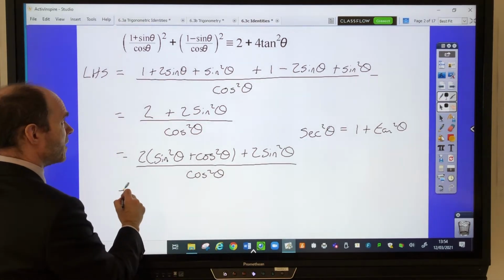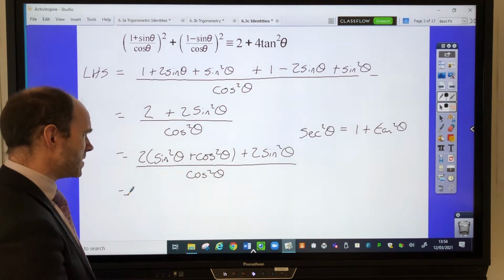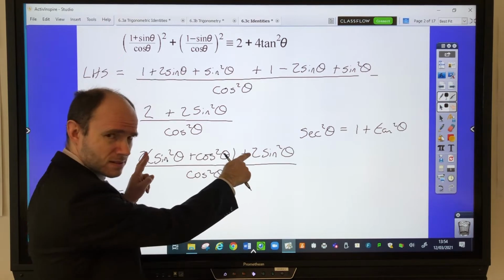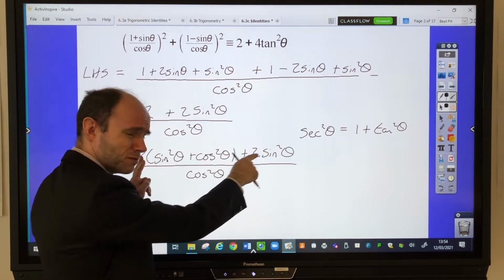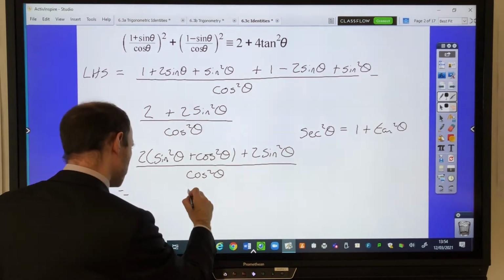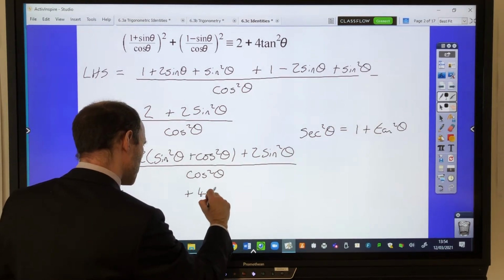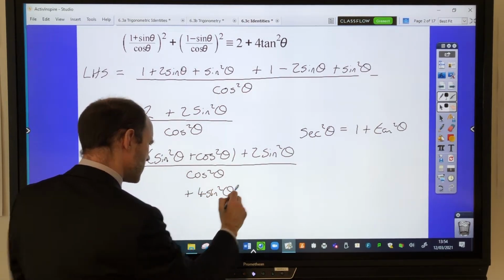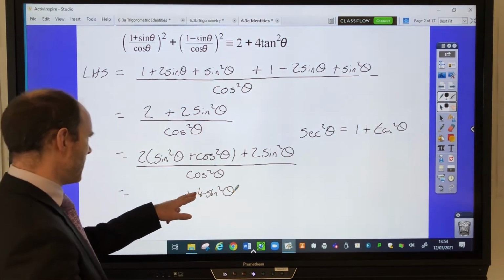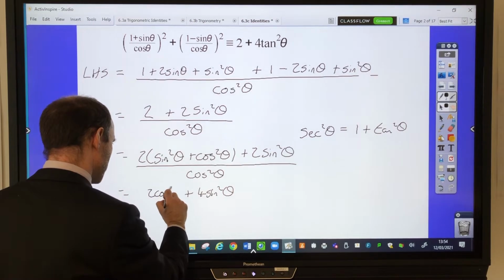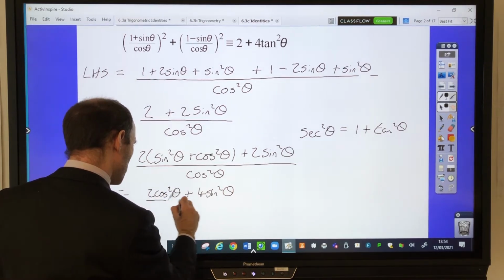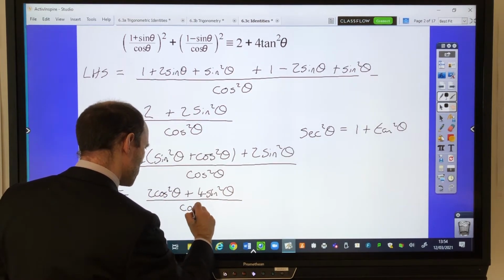See, what I can now do is combine that and that. 2 sine squared theta plus 2 sine squared theta is 4 sine squared theta. So that would be plus 4 sine squared theta. Sorry, that looks a bit dodgy. And then I've got the 2 cos squared theta there. So I'm just writing it like this. And that's all over cos squared theta, of course.